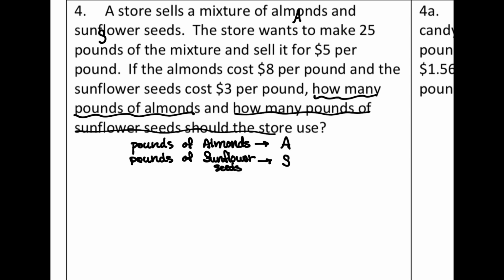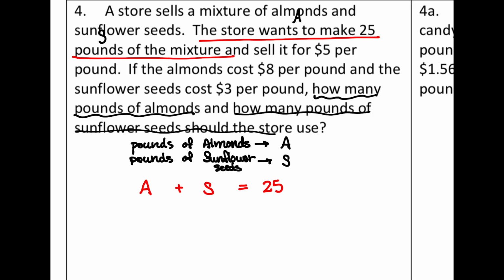All right, now we have to come up with our two different equations. The store wants to make 25 pounds of mixture. So that means the number of pounds of almonds plus the number of pounds of sunflower seeds totals 25 pounds.